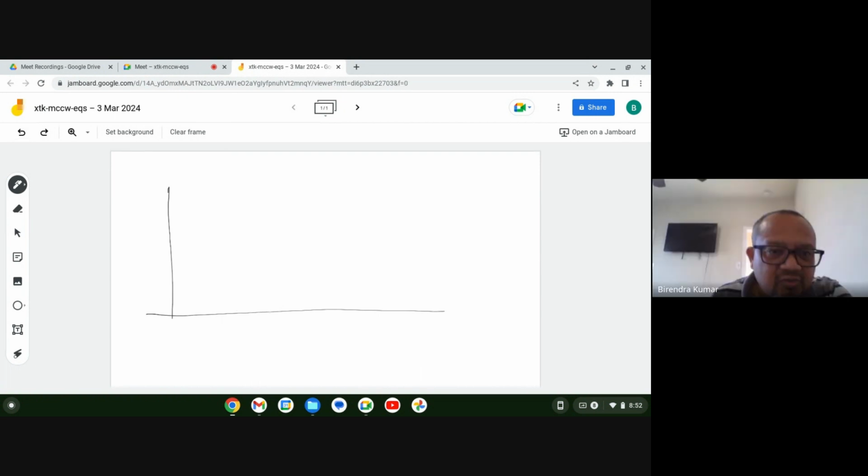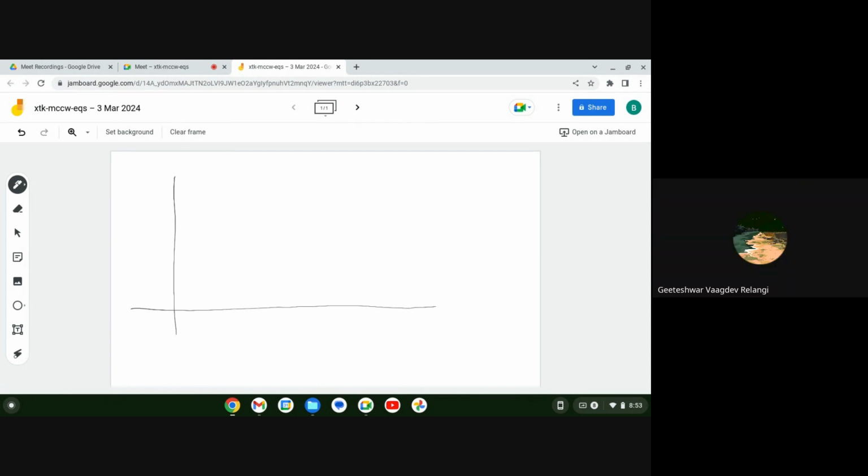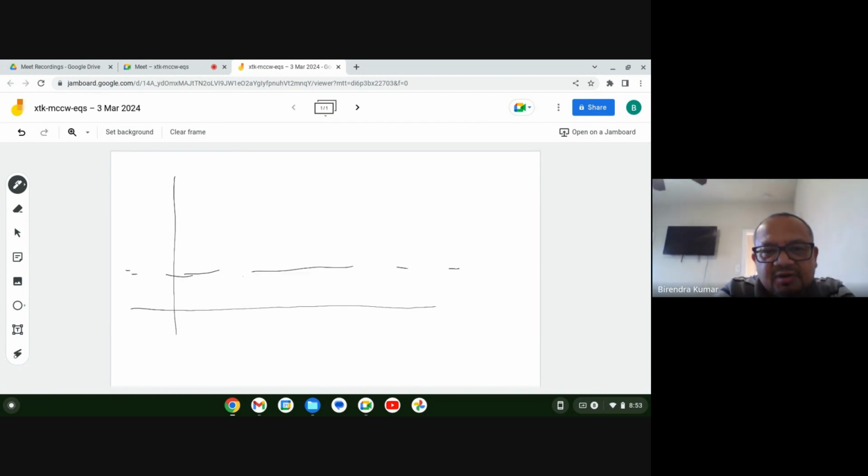So what I'm doing here is I'm drawing two lines perpendicular to each other, like you would have seen in a graph paper. Don't worry about the graph paper right now. I'm not trying to teach you guys graph. I'm just using that as a reference. If you have seen the graph paper, this is how it looks.